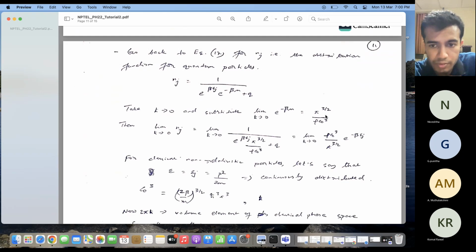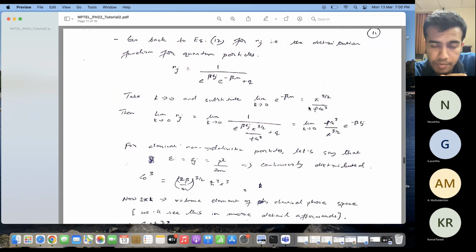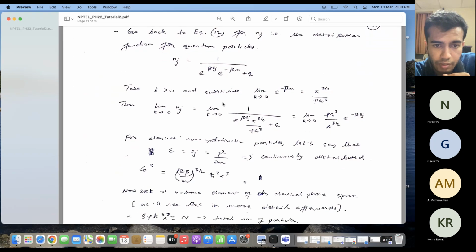So e to the power minus beta mu is equal to pi to the power 3 by 2 by rho c naught cube. If I substitute this value over here, then I get limit h cross going to 0 n_j is equal to limit h cross going to 0 1 divided by e to the power beta epsilon_j into pi to the power 3 by 2 by rho c naught cube plus q.